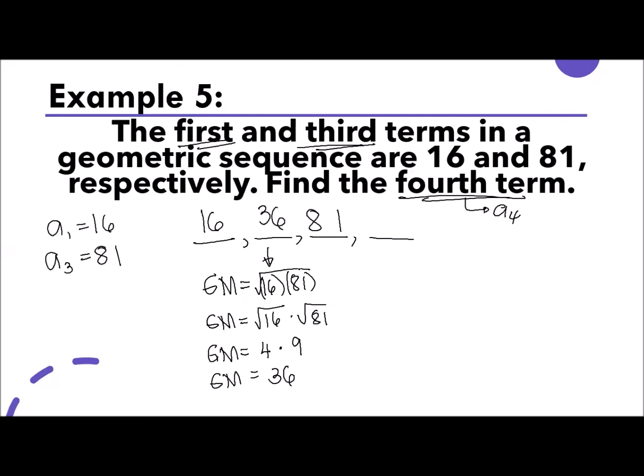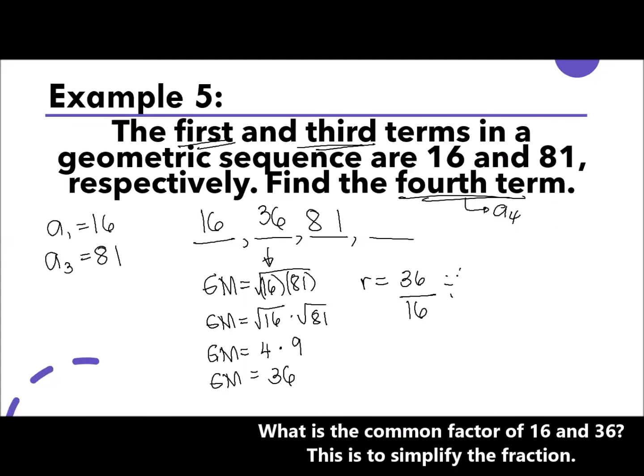So, given that, so mag-stick tayo sa positive ngayon, ano kaya ang fourth term? With that, pwede na nating makuha yung common ratio, di ba? So, the common ratio, let's have 36 divided by 16. Which is, ano ang common factor? What is the common factor on that case?